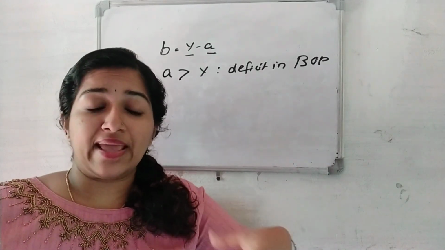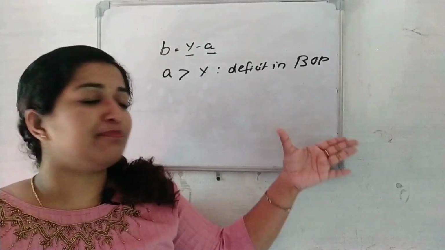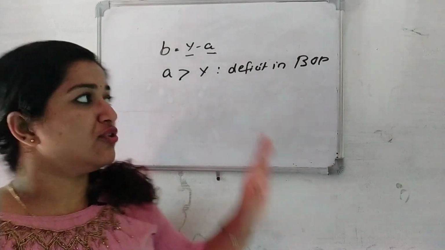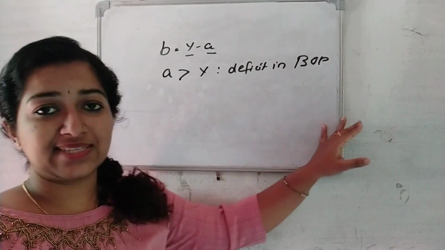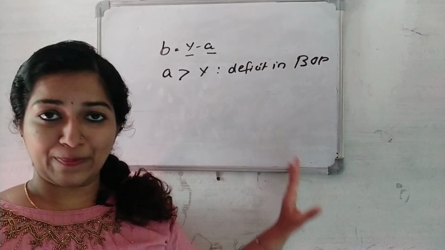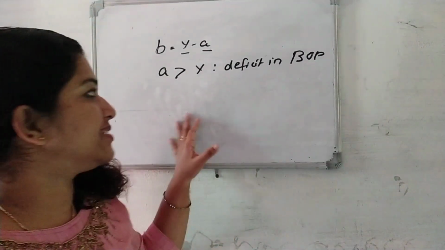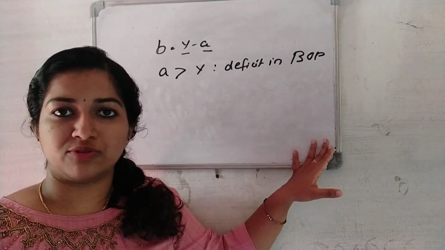Hence the economy will be facing trouble in balance of payments equilibrium. So when A is greater than Y, it faces a deficit in balance of payments.